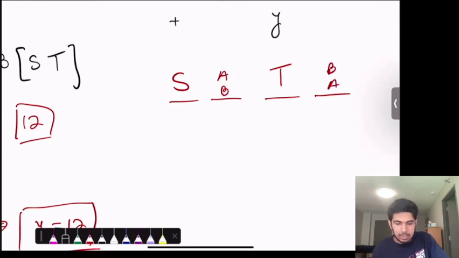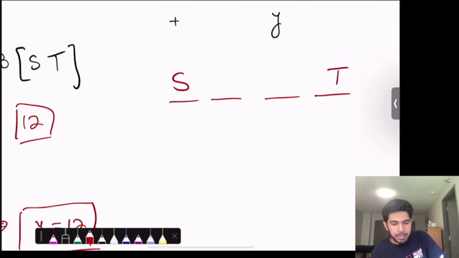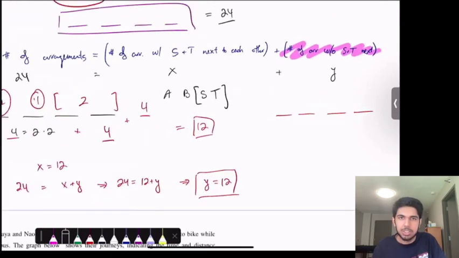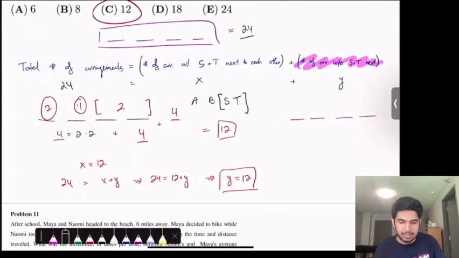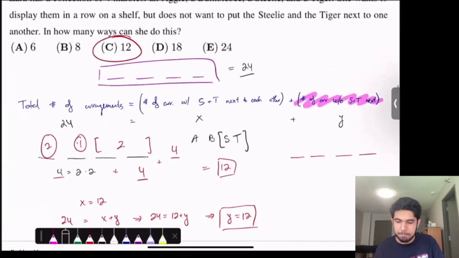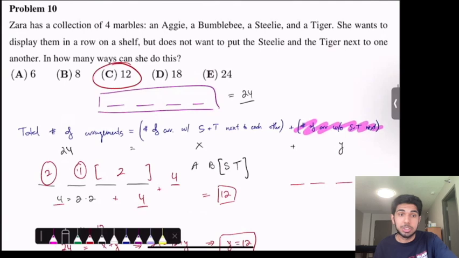In this case, you could also say that, okay, what if we put T at the very end? And again, there's 2 cases. And then you have to consider the case that, okay, what if we put T here and S here? And then all of these sorts of cases of arranging the S and the T such that they're not next to each other, you'll still get 12 as the answer. Just a couple of ways of approaching that. So yeah, that's question 10.